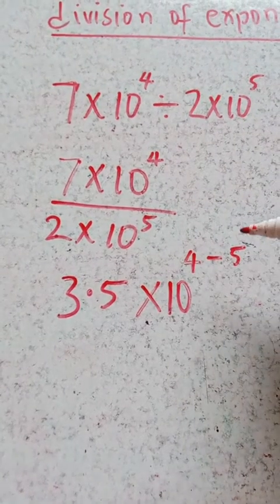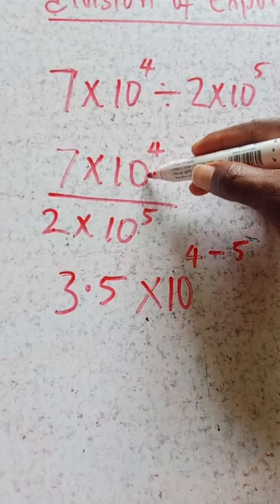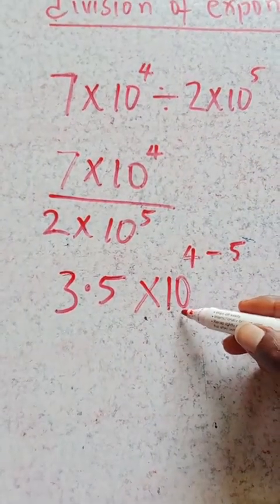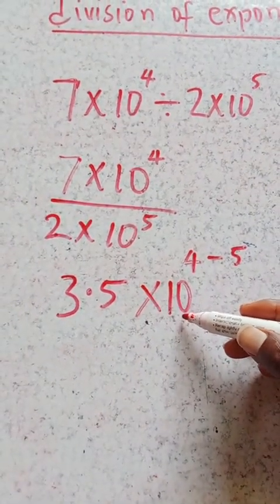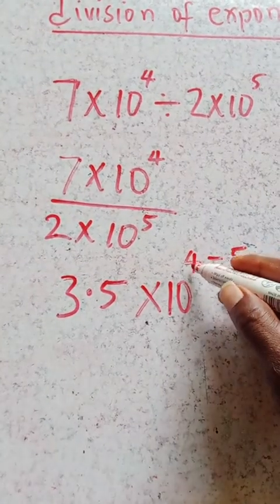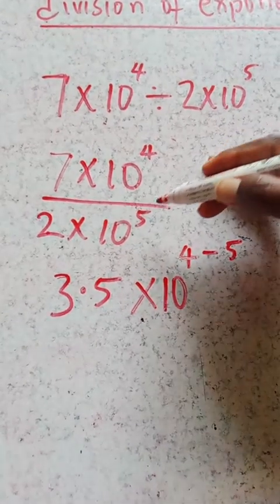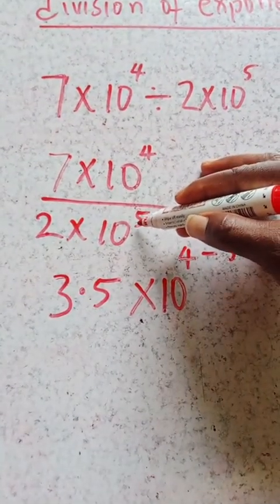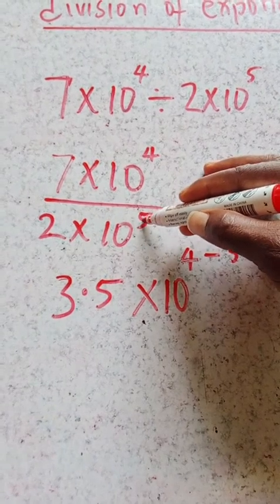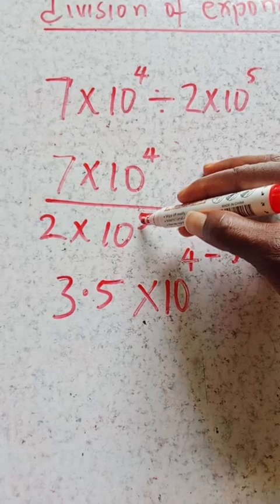Or you can still say, since the bases are the same, you take one of the bases, then you write down the power of the numerator, which is 4, and then the power of the denominator, here 5, which means plus 5.